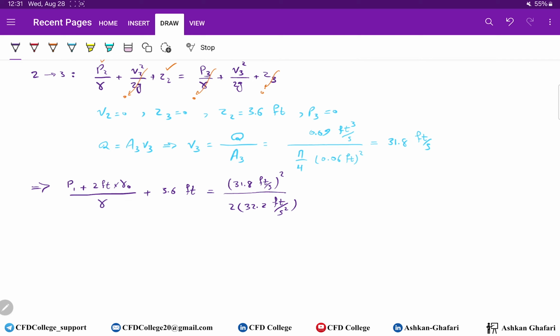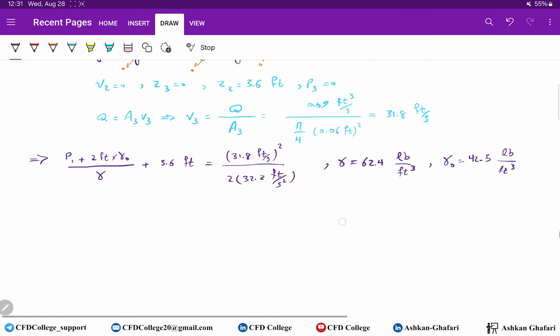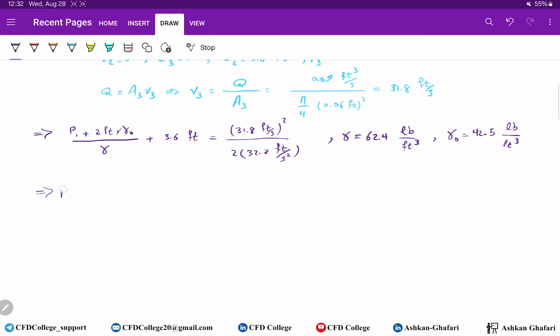And yes, from this equation you can find P1. You know, gamma of water is 62.4 pound per cubic feet, and gamma of gasoline is 42.5 pounds per cubic feet. So if you put the numbers, you can find P1 equals 746 pound per square feet.